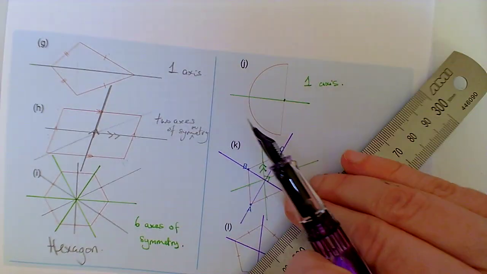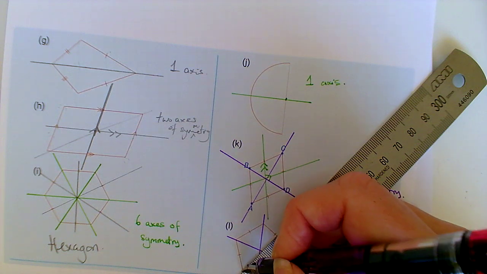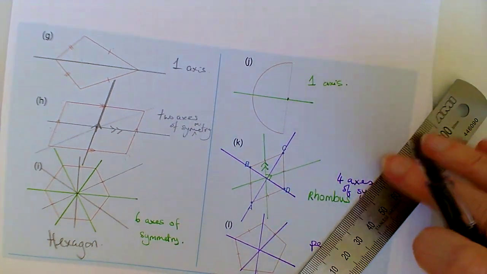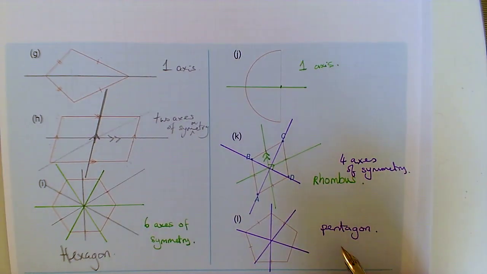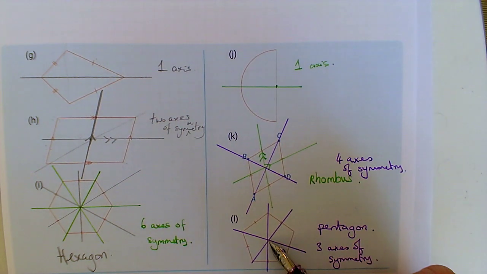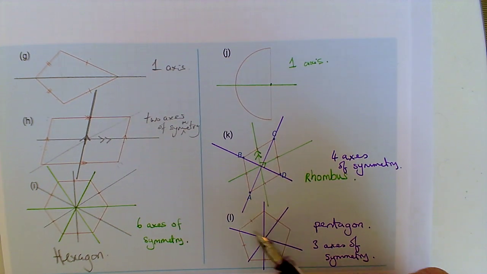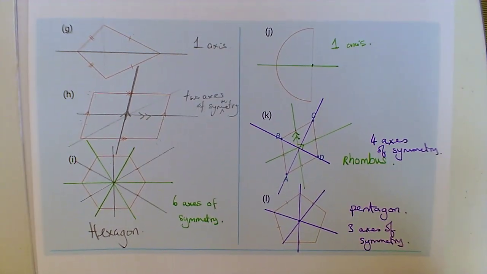So 1, 2, 3 axes of symmetry, and I hope you can see it's always a vertex and an edge with a pentagon, that there are no other axes of symmetry there. So 3 axes of symmetry for my pentagon. If I tried to draw any other line through that center point, it's not going to make a mirror image on both sides.